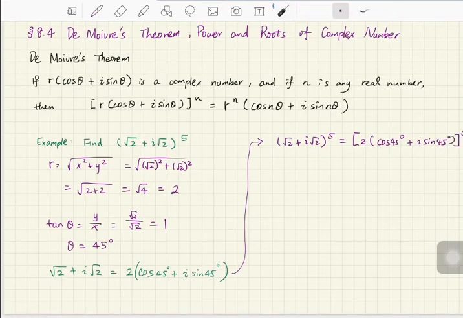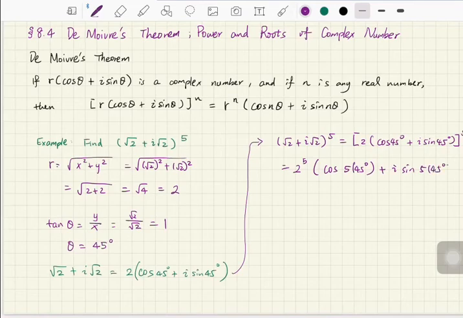According to De Moivre's theorem, that is going to be r to the nth power, so 2 to the fifth power, multiplied by cosine of 5 times 45 degrees plus i sine of 5 times 45 degrees.